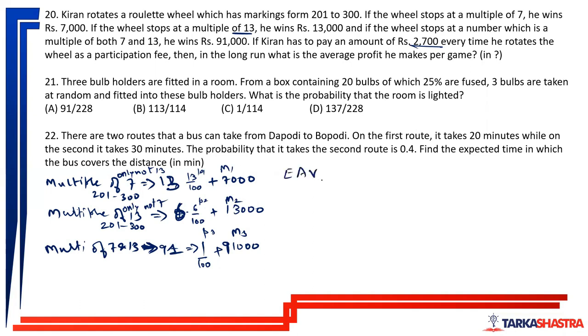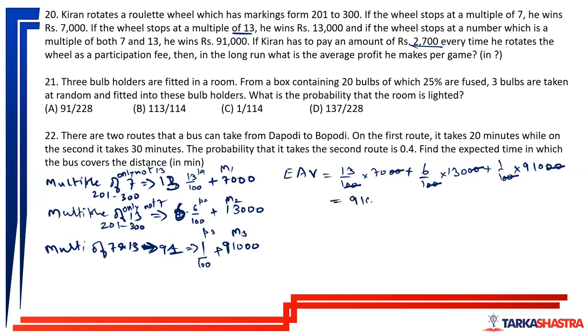Expected average value after long run per throw is 13 by 100 of 7,000, 6 by 100 of 13,000 and 1 by 100 of 91,000.